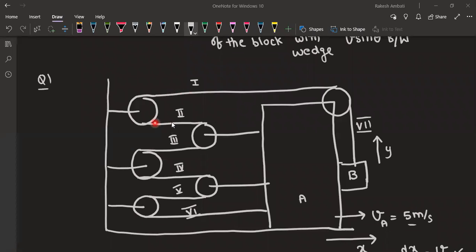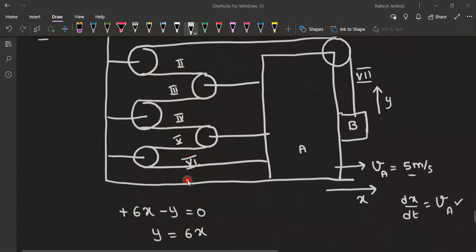Because all these 6 segments are moving horizontally. So if the wedge is moving horizontally along the x direction, the segments also move along the x direction. So this segment increased by x, and all the 6 segments increased by x, and the 7th segment decreased by y.